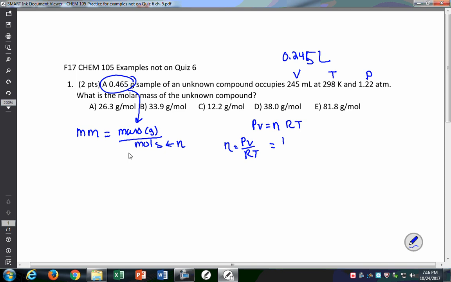So pressure, 0.122 atm, times our volume in liters, divided by R, times our temperature in Kelvin.